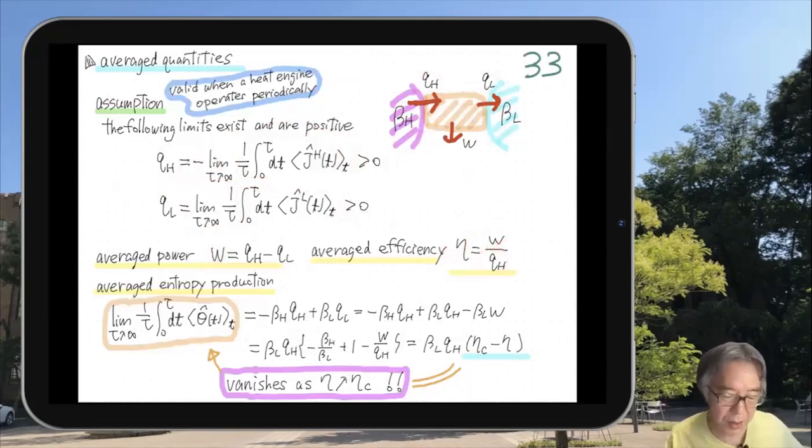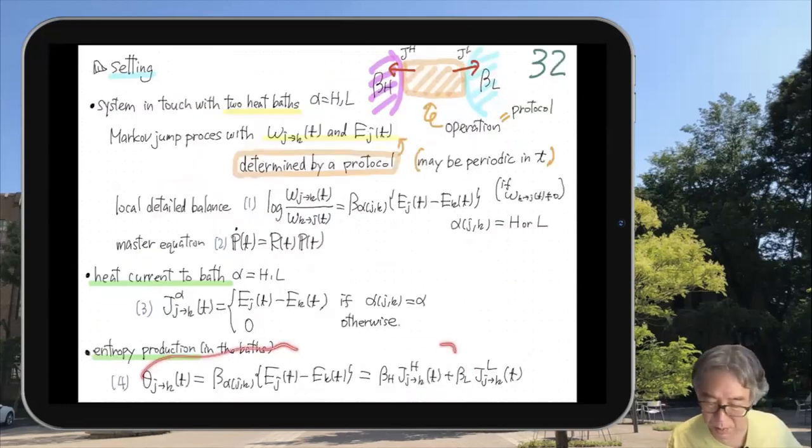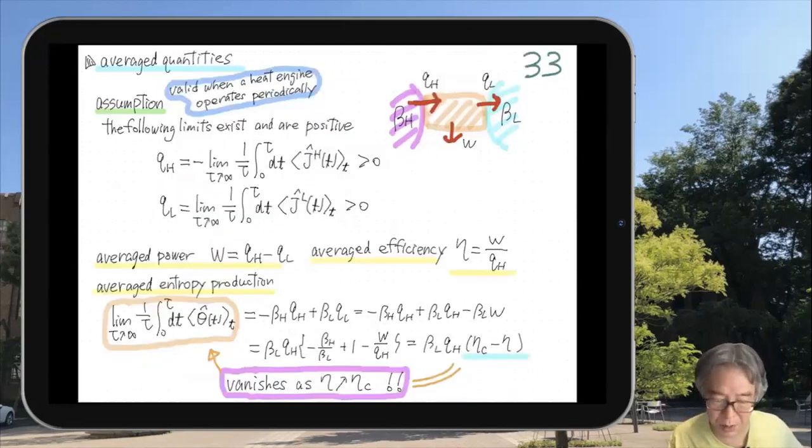And now let's look at the corresponding time average of the entropy production in the bath. So this is the definition. And since entropy production is given by this, the time average is simply given by this, so be careful of this minus sign. So I'm trying to write everything in terms of more thermodynamic quantities, or more heat engine-like quantities.